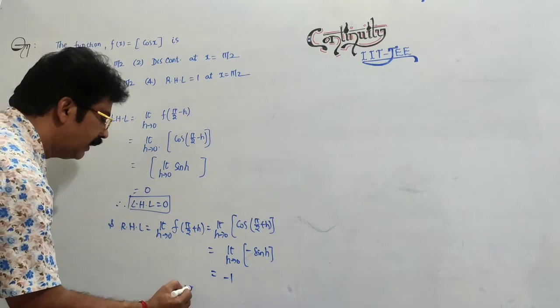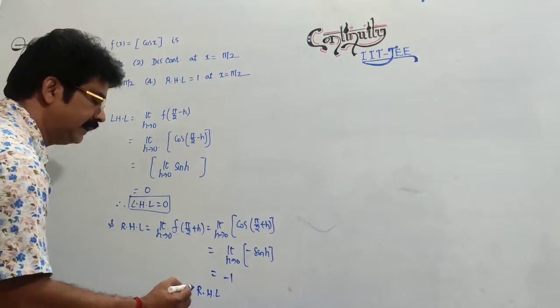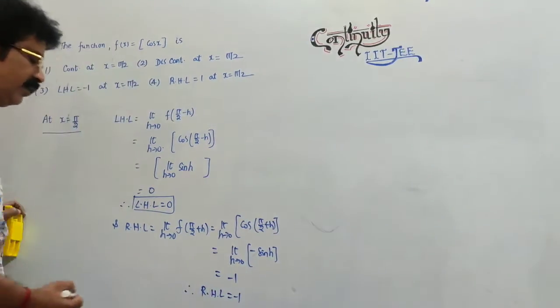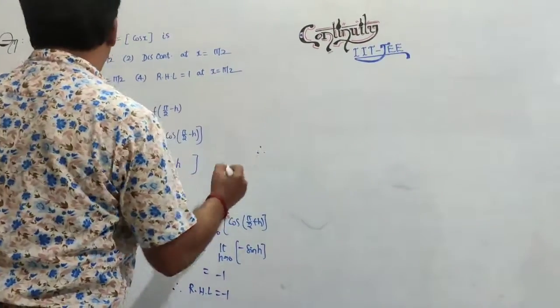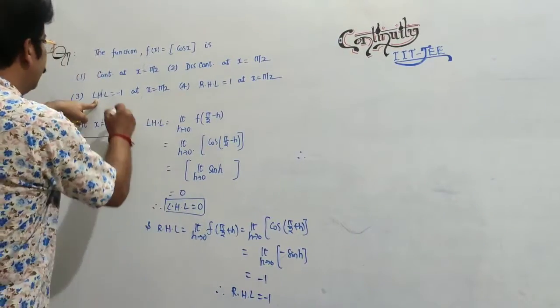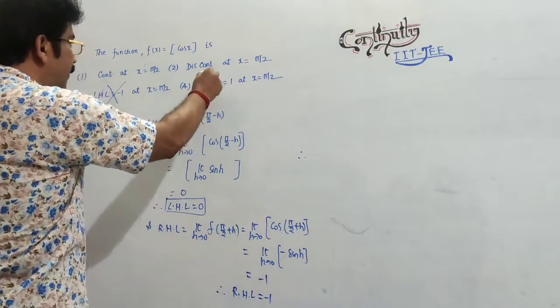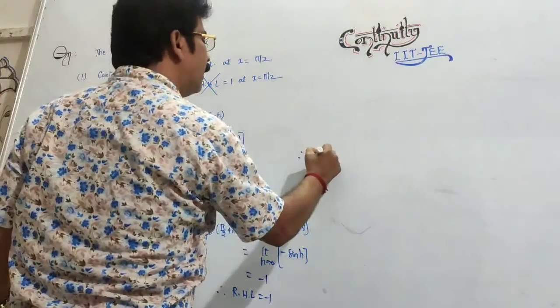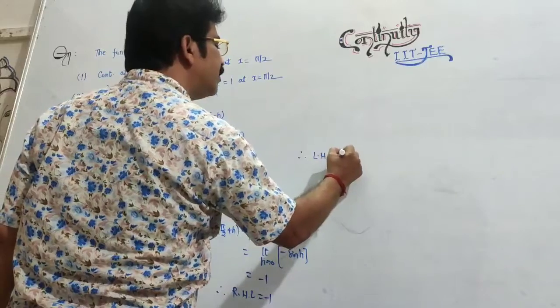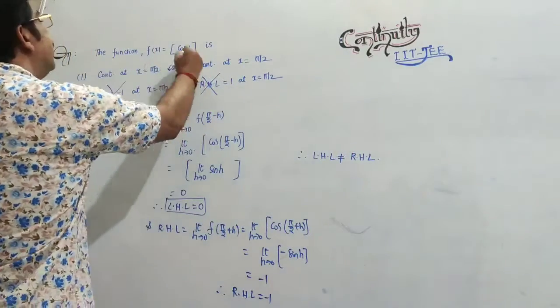So therefore right hand limit is equal to minus 1. LHL is 0, so this option is wrong. RHL is minus 1 here, so this option is wrong. So therefore left hand limit is not equal to right hand limit. Therefore the second option is right.